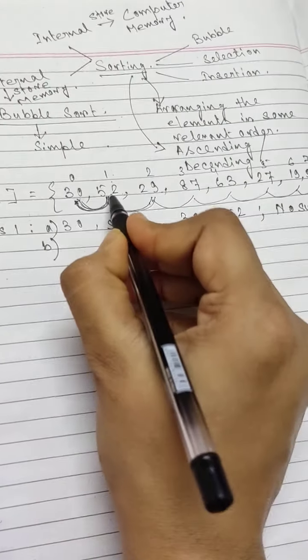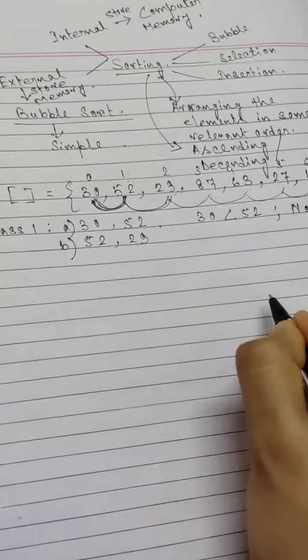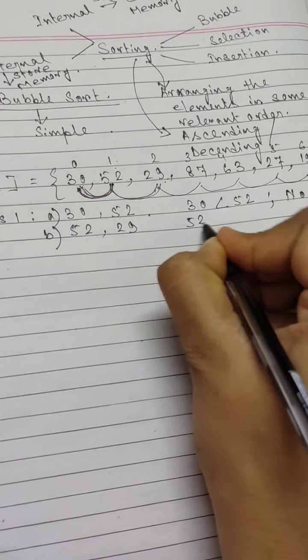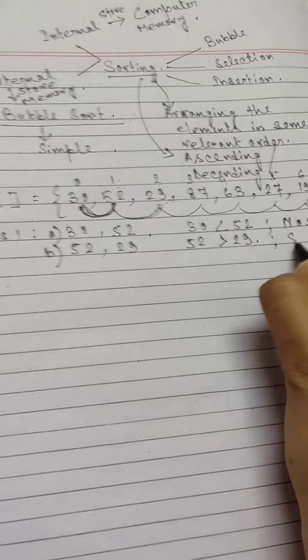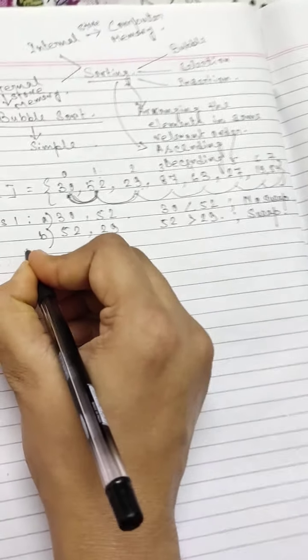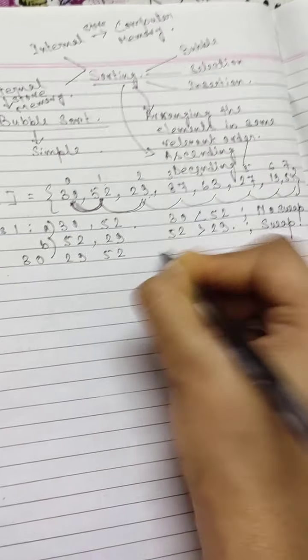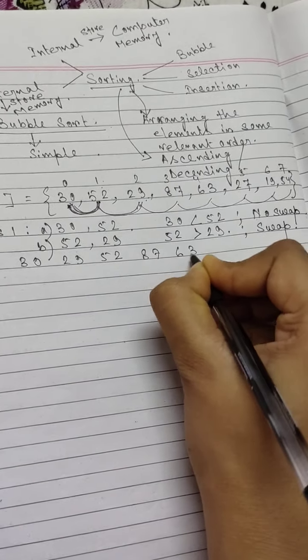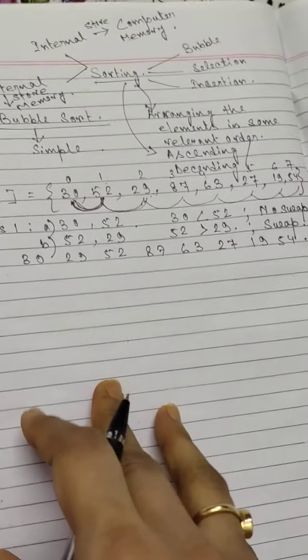In the second step, 52 and 29 are compared. Here 52 is greater than 29, so swapping. So the array elements will be 30, 29, 52, 87, 63, 27, 19 and 54.